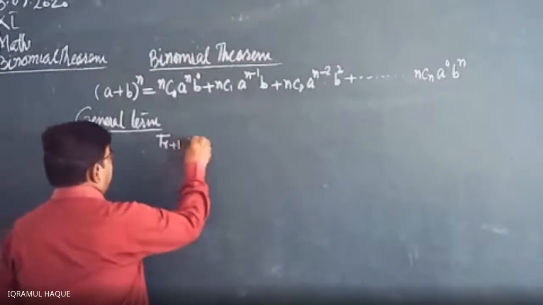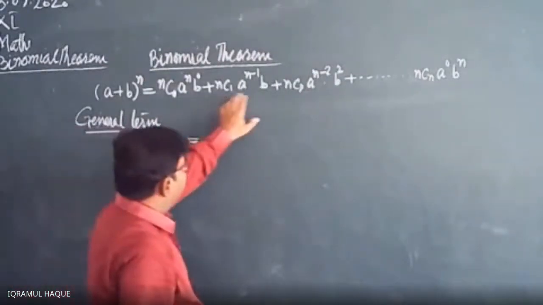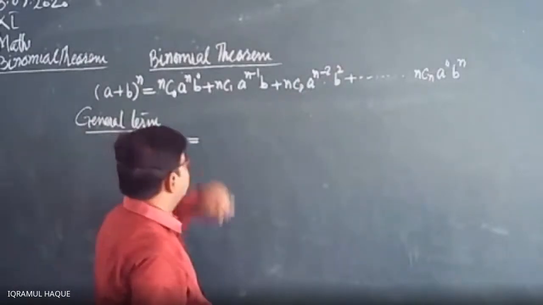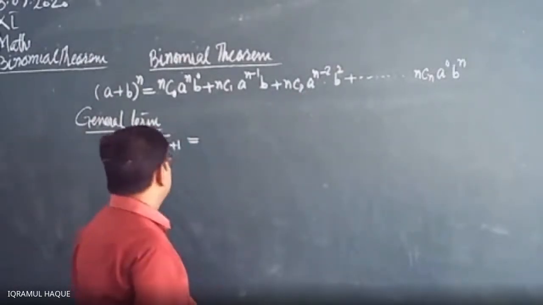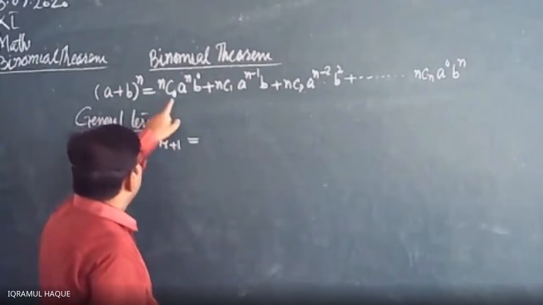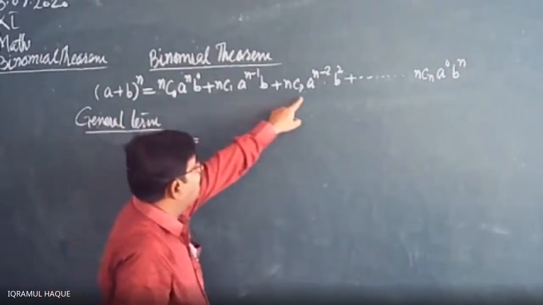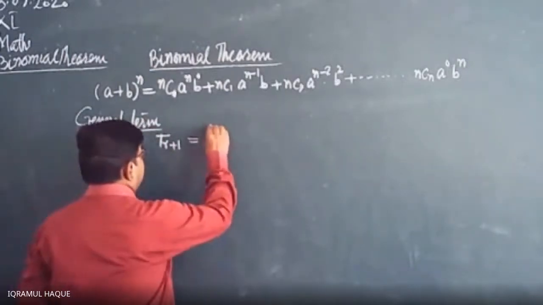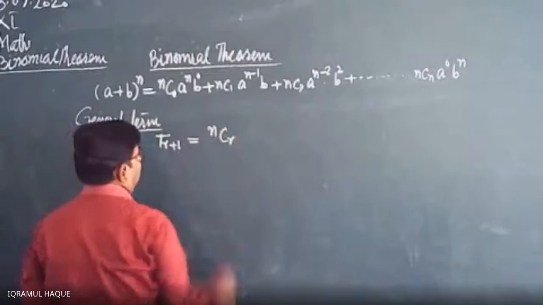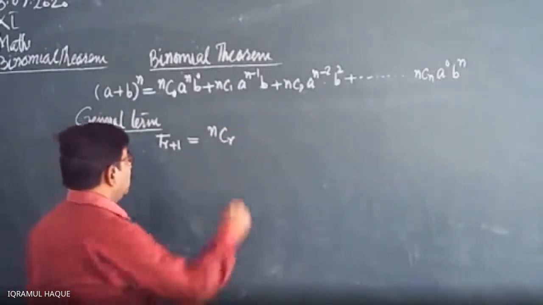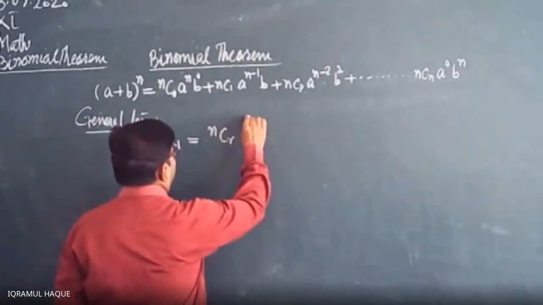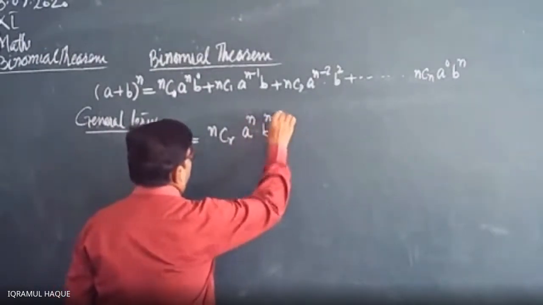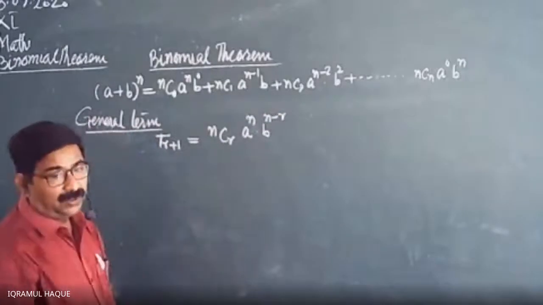See, here, check every term. Whatever you take, R is number of term. So this is nCR a to the power n minus R into b to the power R. This is the general formula.